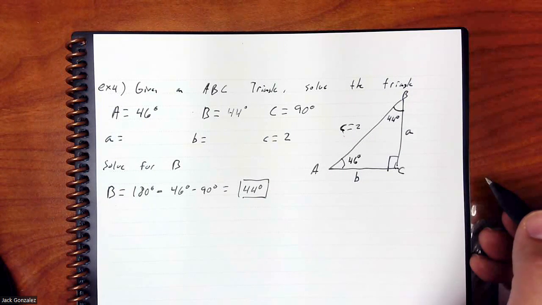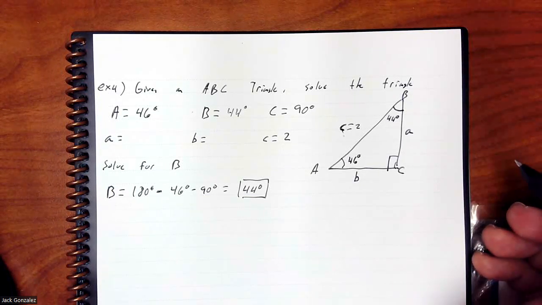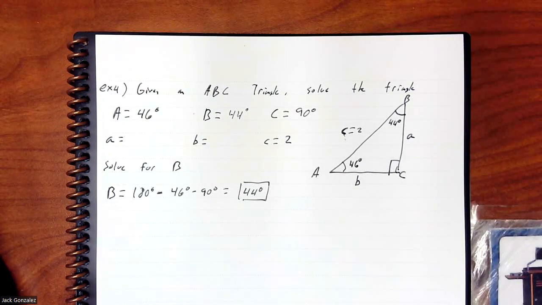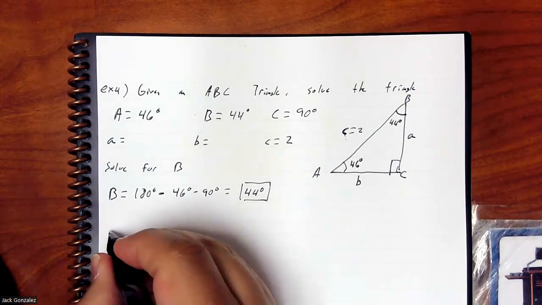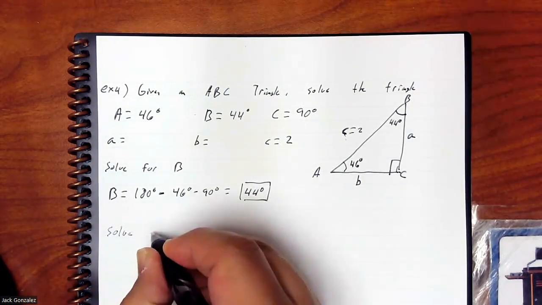How would you find little a? What trig function and what angle would you choose? More than one way to set it up. Many ways. But just choose one. What do you think? Let's do, I don't know, let's do A first. What would we choose?